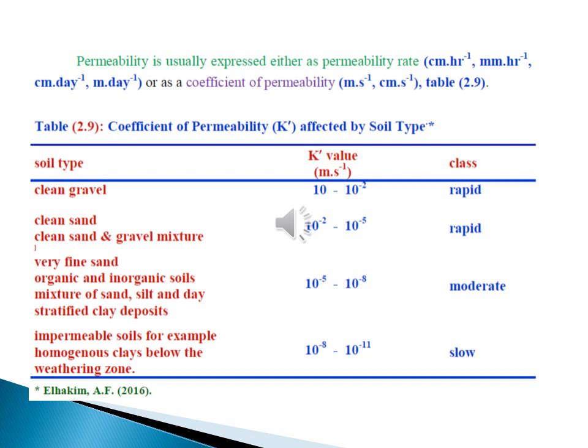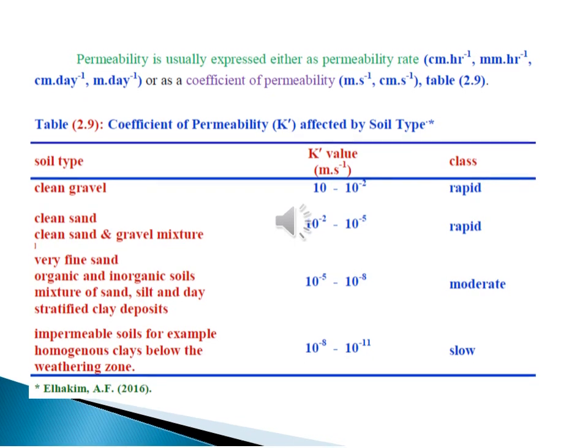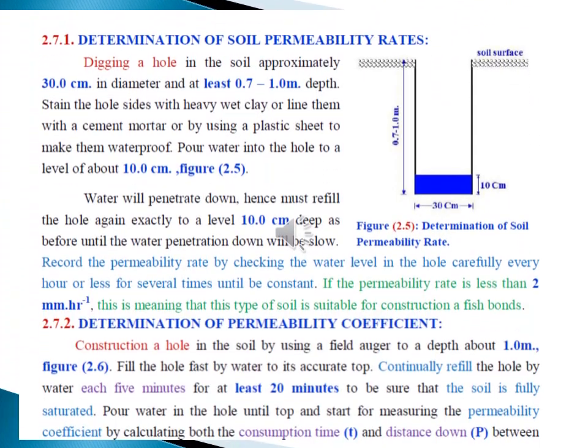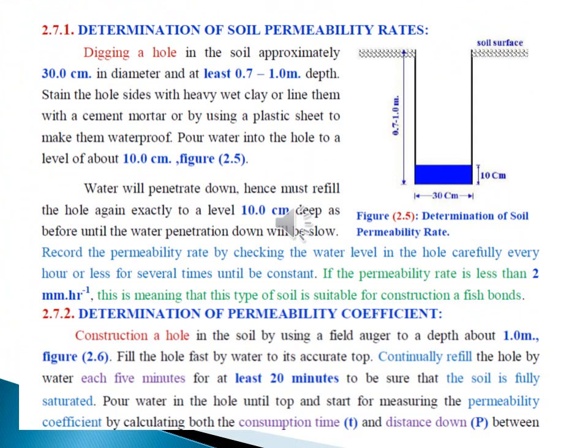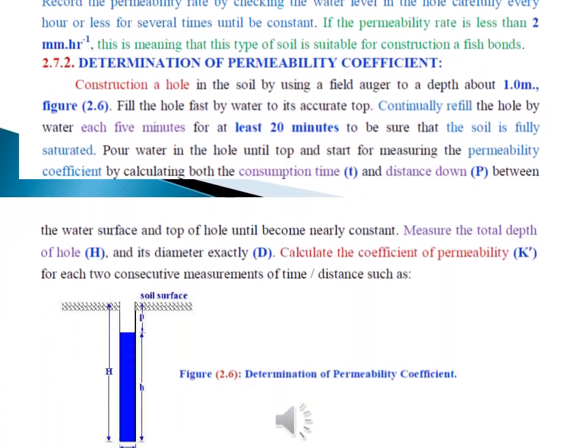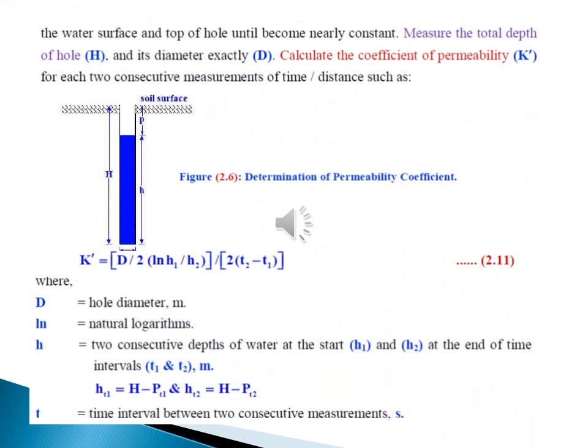Permeability is usually expressed either as permeability rate or as a coefficient of permeability, as illustrated in the attached table. Determination of soil permeability rates and coefficient is clear in front of you, my dear, follow it yourself. Figure on determination of permeability coefficient. Look to the enclosed parameters and apply the equation.